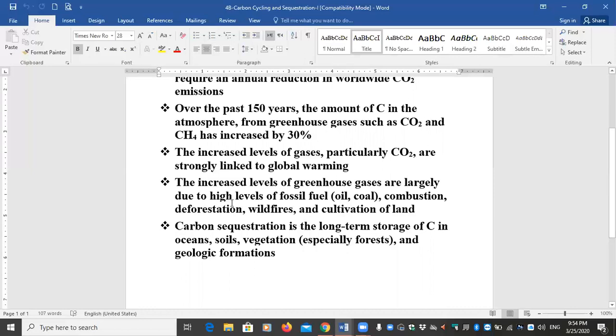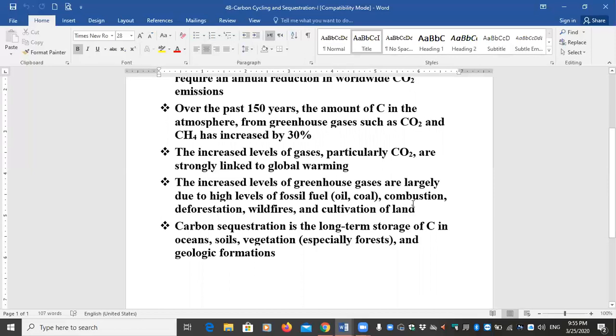Deforestation, you cut the forests and use the land for agriculture or for any other purpose. So that's deforestation. Wildfires sometimes destroy lots of forests, which also ends up in losing these forests that take CO2 from the atmosphere all the time.